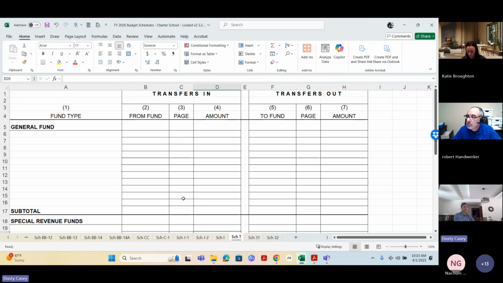Any other questions? Michelle? I don't know if this is going to make sense, but when you do the transfers out, I guess, so you have your local, I don't have my NDE up, local special ed is like the 100 fund, but it's the 210, what is it?